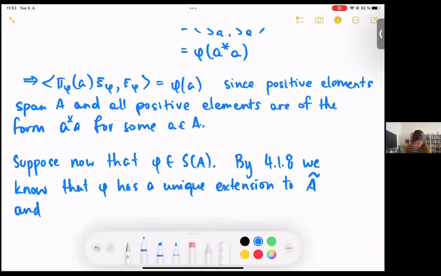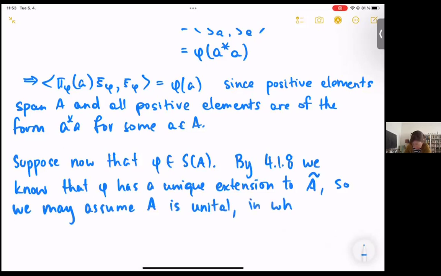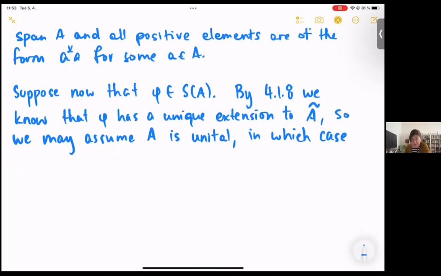So we can assume that A is unital. So that means that the norm of phi is exactly phi applied to the unit.